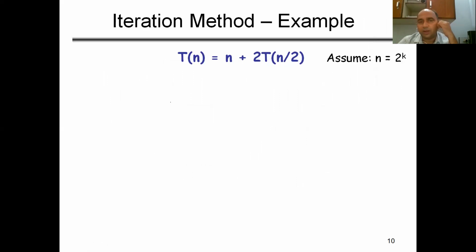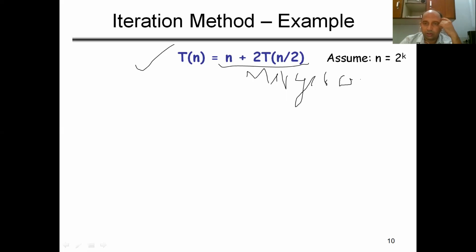Now we can take another example. The next recurrence relation is this. This recurrence relation is representing the complexity for merge sort. So how can we solve it?